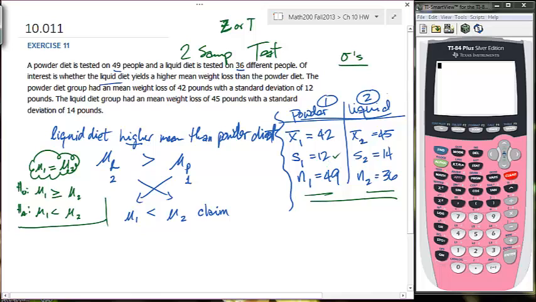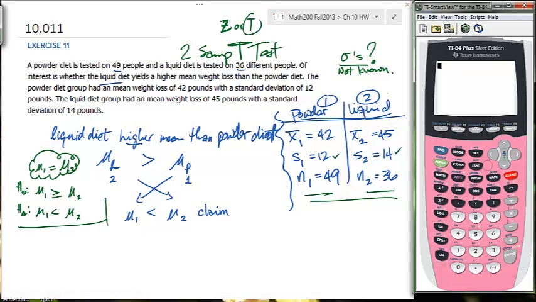Now we have two standard deviations here, but these standard deviations are for those 49 and 36 people, our sample. So here we don't have our sigma, and so since it's not known, we're going to go for a t-test.